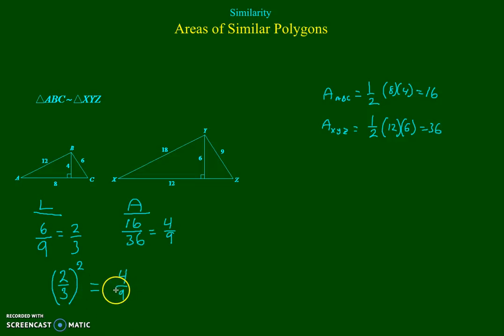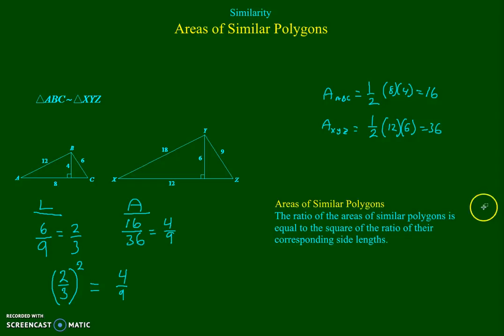So what that says is that the ratio of the areas is equal to the square of the ratio of the corresponding side lengths. Stated more formally, the ratio of the areas of similar polygons is equal to the square of the ratio of their corresponding side lengths.